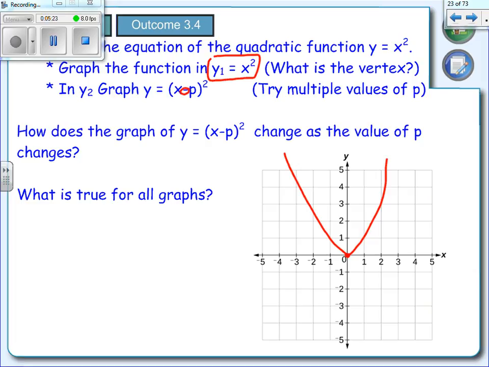Go ahead, put that in your calculator, and you should notice that the graph that you get is the same graph as the basic graph, it's just moved a little bit to the side. That blue graph that I've put in was y equals x minus 1 squared.